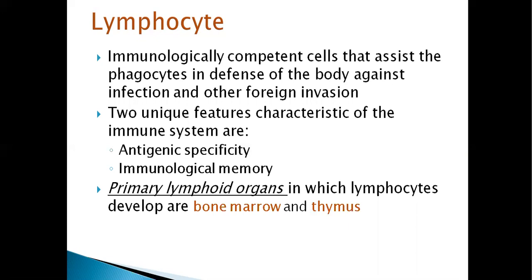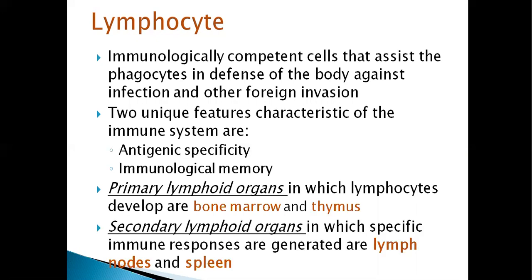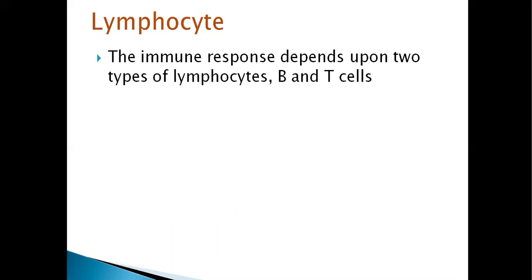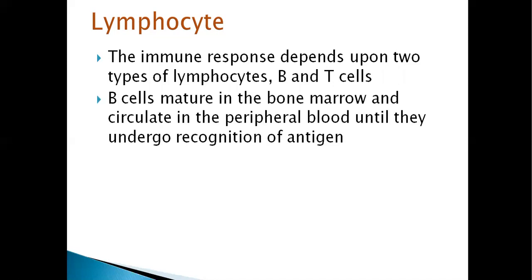The secondary lymphoid organs in which specific immune responses are generated are lymph nodes and spleen, which is located in the left hypochondrial region. The lymphocyte immune response depends upon two types of lymphocytes, B and T cells.